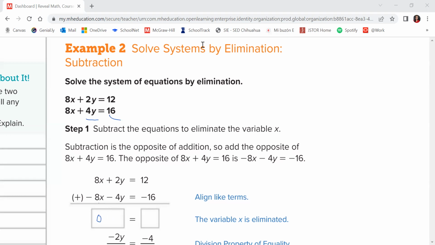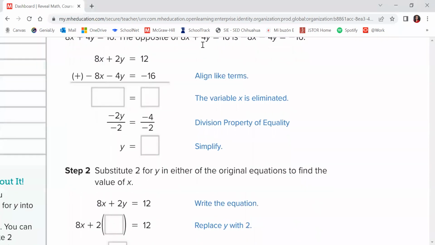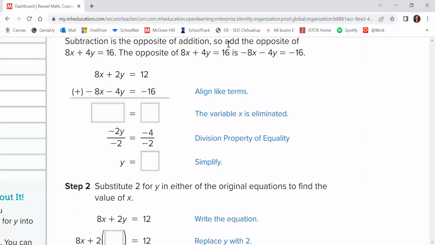Negative 2y is equal to 12 minus 16, it's negative 4, all right? So what do we need to do now? We need to divide both sides by negative 2.